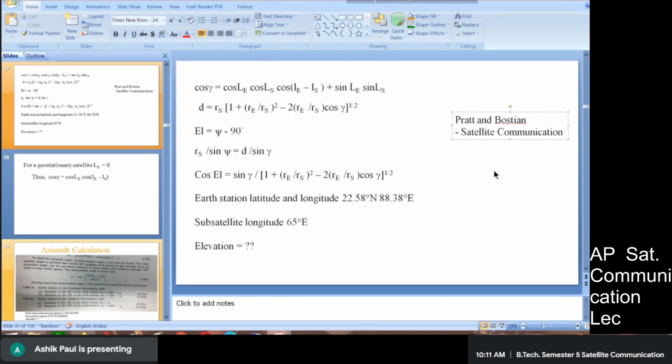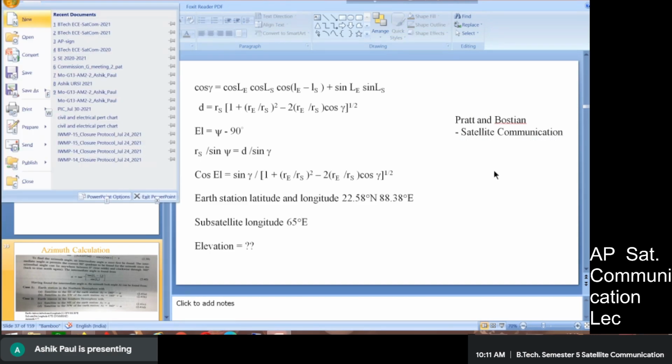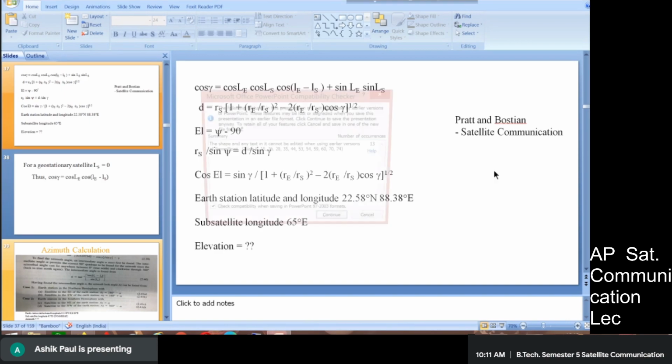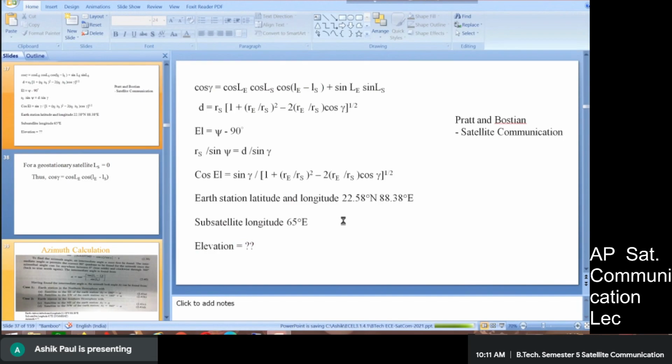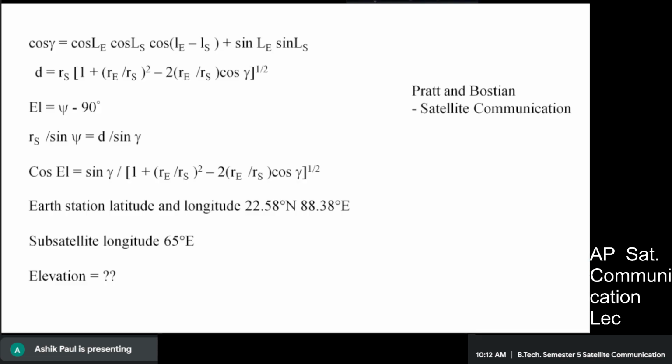Nowadays you can also have electronic versions, although I don't know where you can find them. The hard copies are in our departmental library, so you can come down any day and collect one. Most of the material that we will be talking about, you can find in this book, Satellite Communication by Pratt and Bostian.